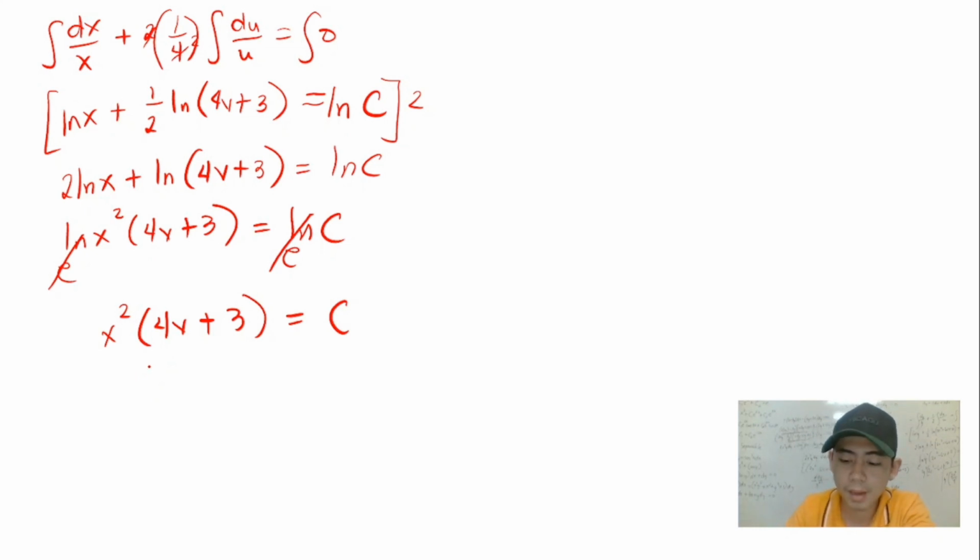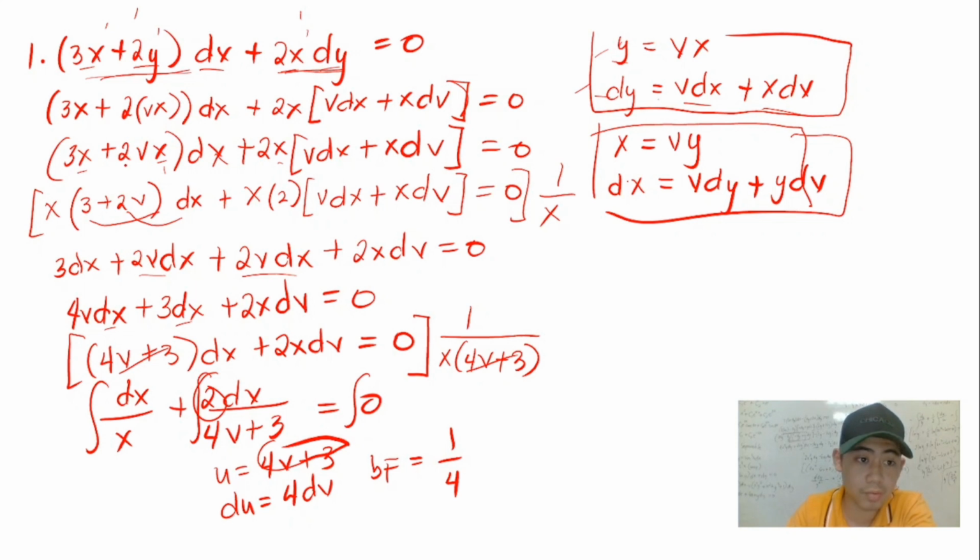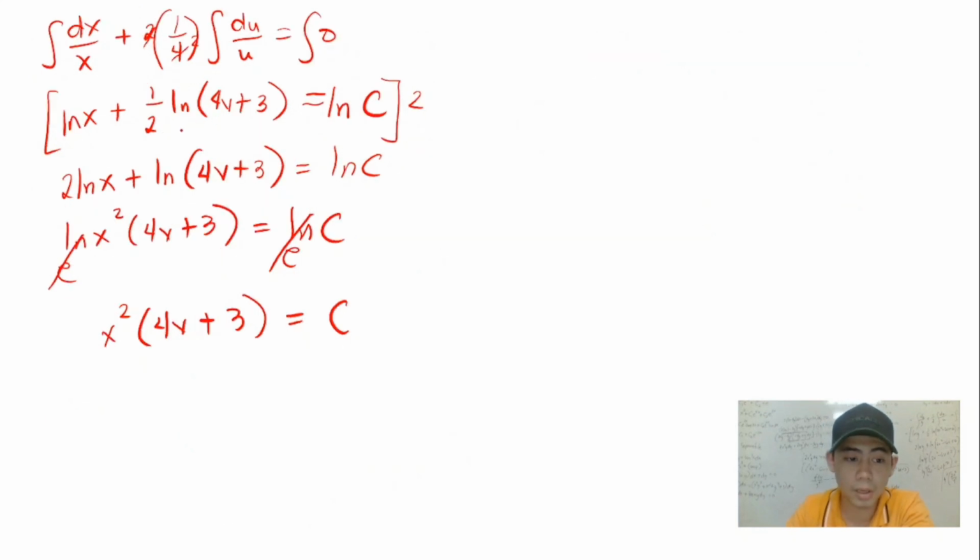Why? Because the given variables in the original equation are only x and y. There is no v in the original equation. Therefore, we need to return it to x and y, so we eliminate v. Since we used y is equal to v times x, dividing both sides by x, the value of v is y over x.